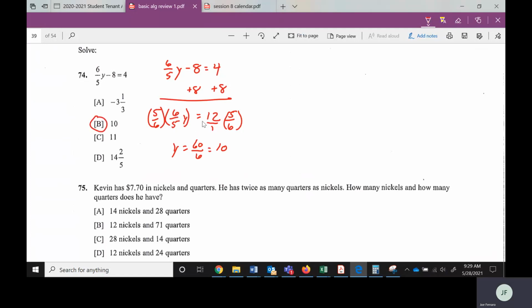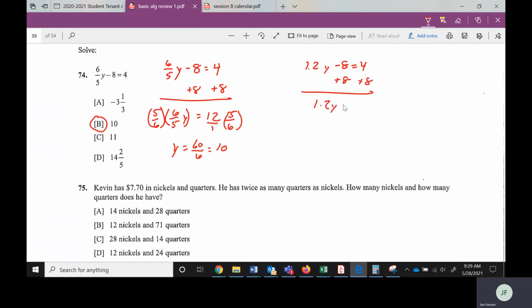The other way, even though the fractions in this problem aren't too hard, if you didn't want to do it with fractions, you could redo this problem and say, I want to get rid of this right away. So I'm going to take top divided by bottom. 6 divided by 5 is 1.2. All the steps would be the same. So I add 8, add 8.